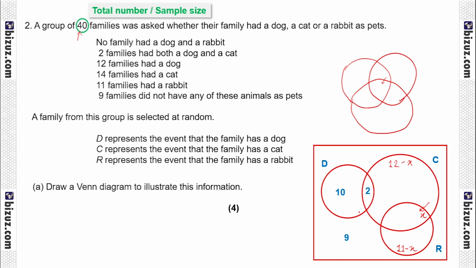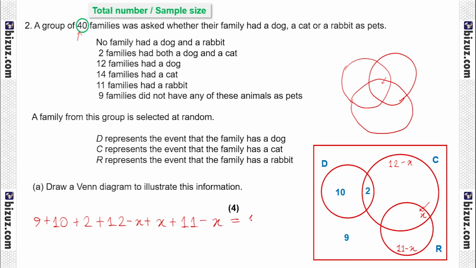Now, we know the last piece of information that we haven't used, that tells us that the sum of all the numbers here that we can see is going to be equal to 40. So 9 plus 10 plus 2 plus (12 minus X) plus (11 minus X).